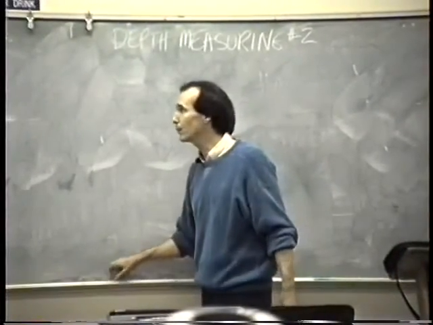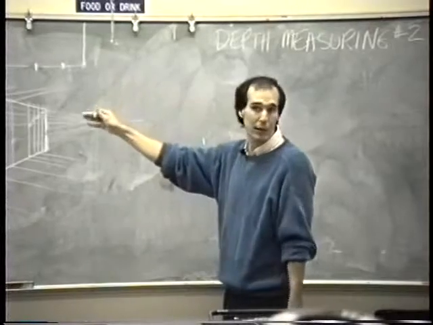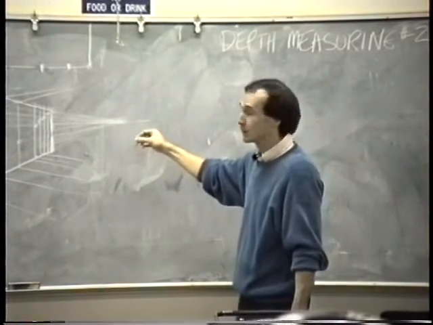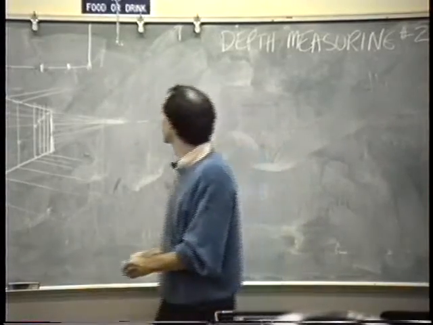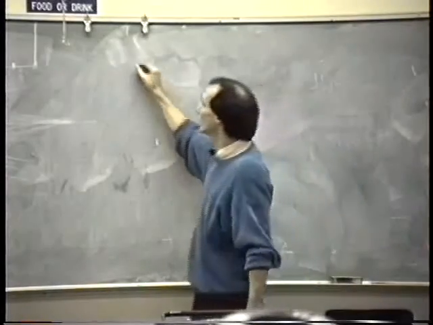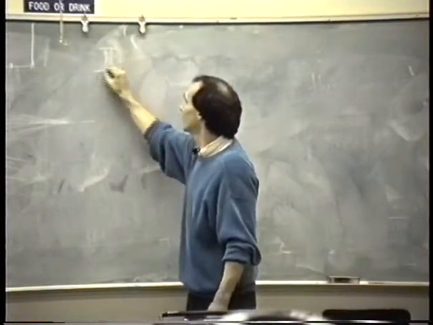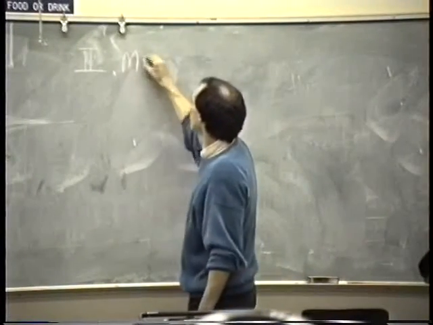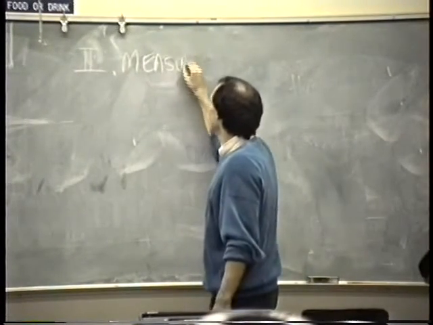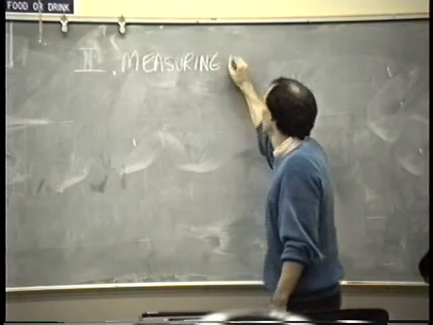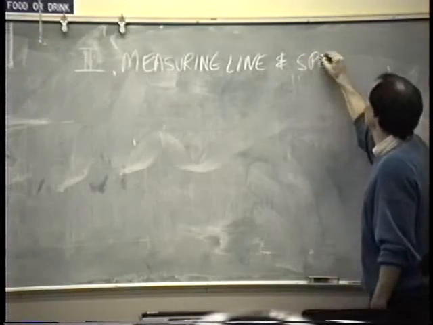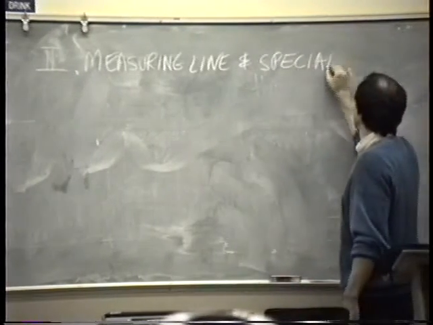But there is one procedure that is better than any of the ones I've shown you. It's the most commonly used by architects. It is called, let me erase our title for the evening and label this number 2, the measuring line and special vanishing point.